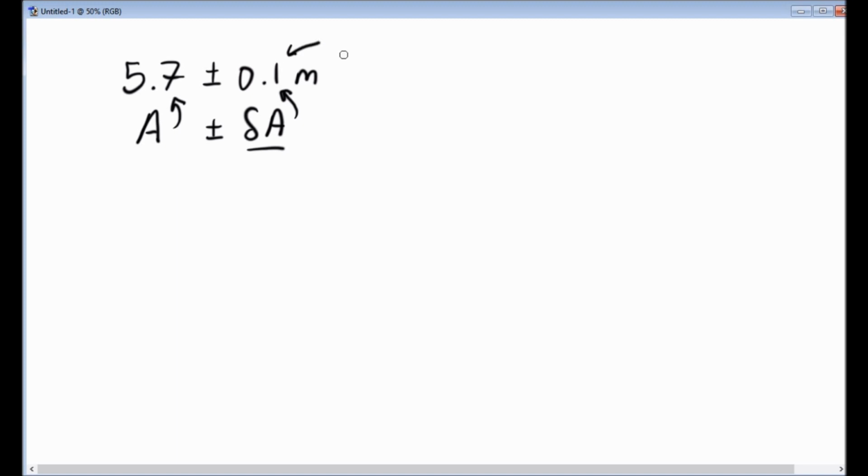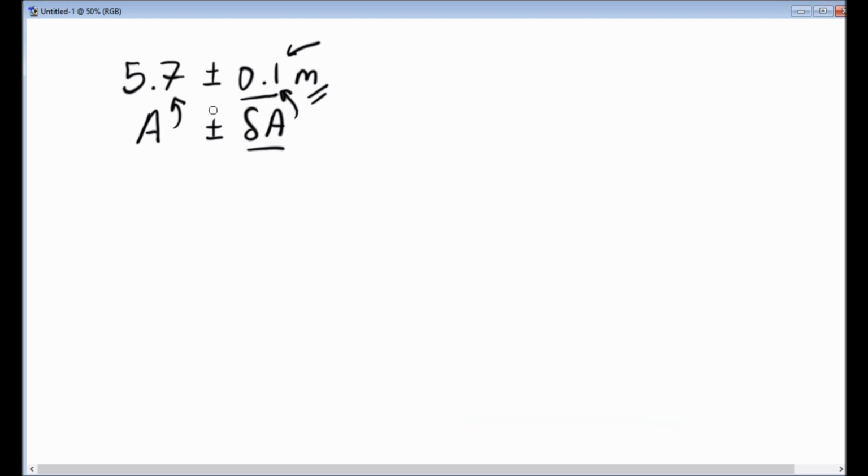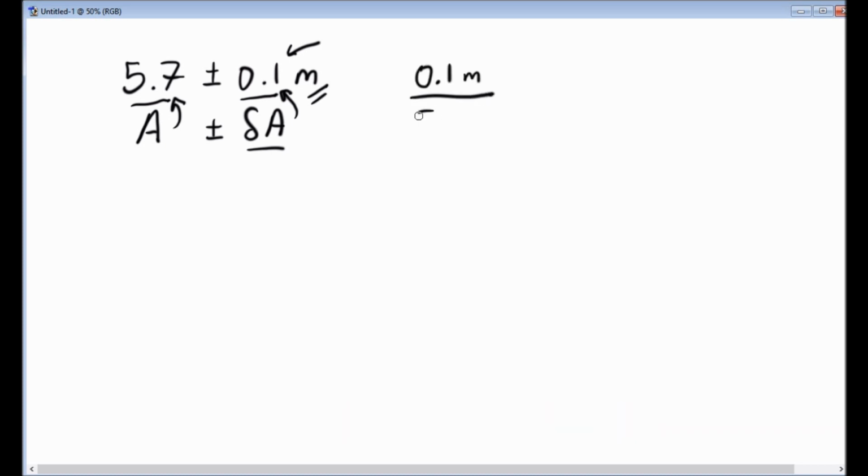Now this uncertainty here is what's called an absolute uncertainty, meaning it's got units. In fact, it's got the same units, meters, as the value does. So both the value and its absolute uncertainty have the same units. There's also something called a fractional uncertainty, which would just be the absolute uncertainty divided by the value.